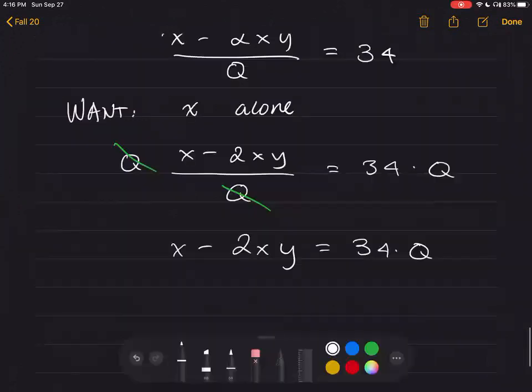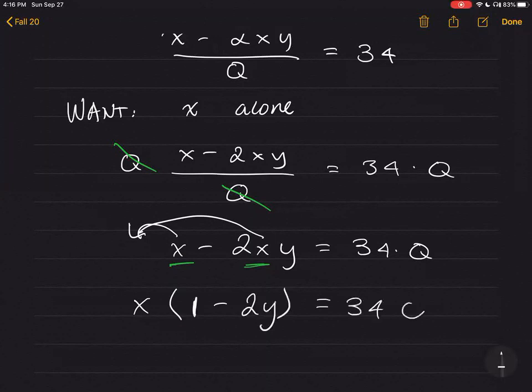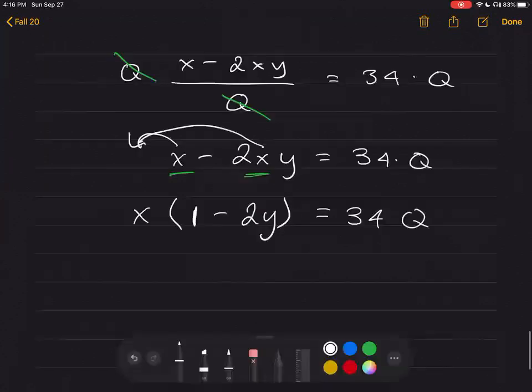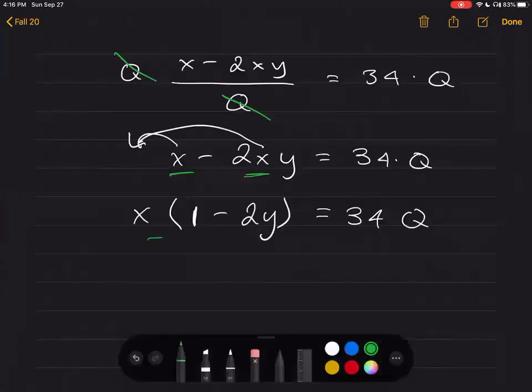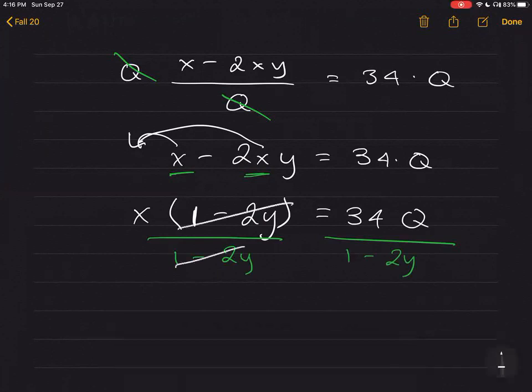And then I see that there is a copy of x in each of these terms, which means I can pull them out in front. So I get x times (1 minus 2y), because there's secretly a 1 here, equals 34q. And then I will just divide both sides by 1 minus 2y, like so. So then these will cancel, and I get x equals 34q over (1 minus 2y).